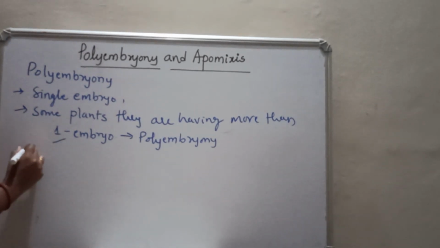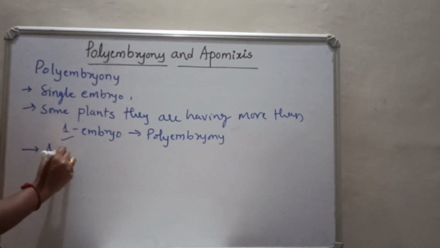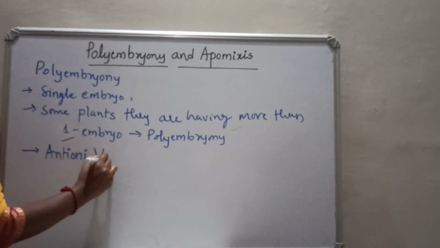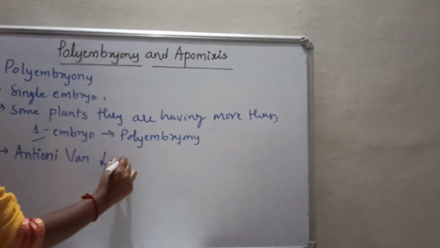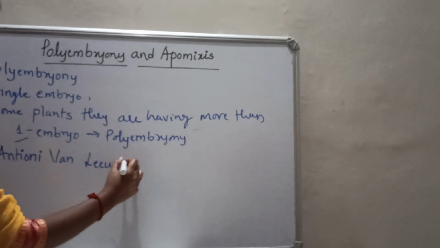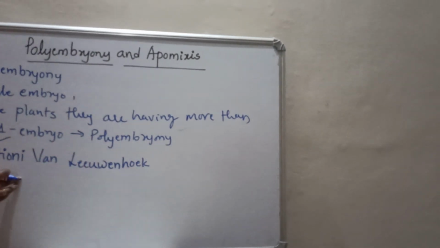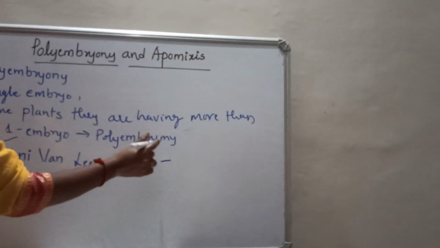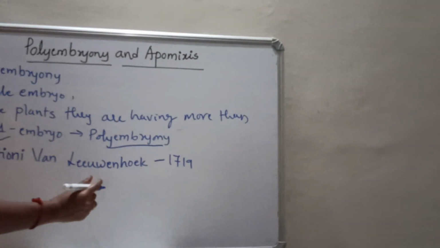Polyembryony was discovered by Anthony van Leeuwenhoek. The scientist Anthony van Leeuwenhoek discovered polyembryony in 1719.